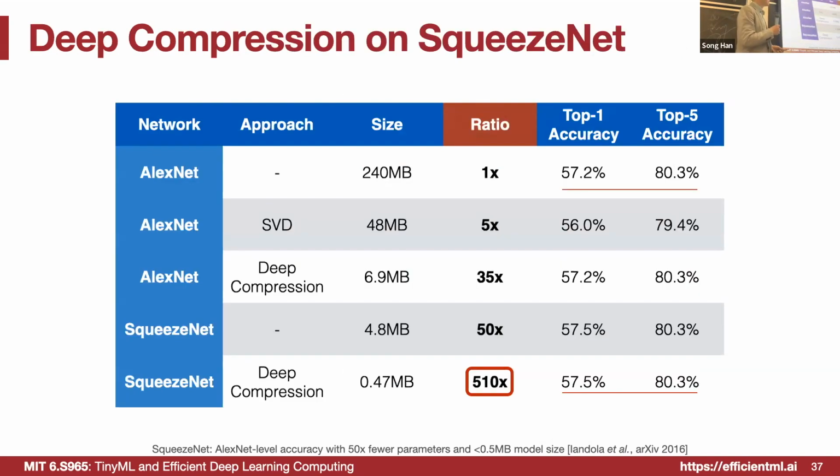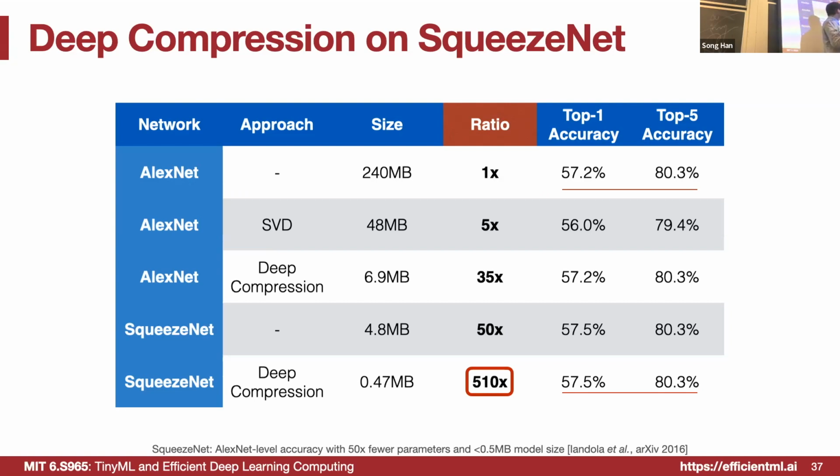So as a result, this SqueezeNet is 510 times smaller than the original AlexNet, while maintaining the same accuracy. Okay, so let's look at this step by step. SqueezeNet is originally much smaller, like 50x smaller than the original AlexNet, right? Only 4.8 megabytes compared with 240 megabytes.